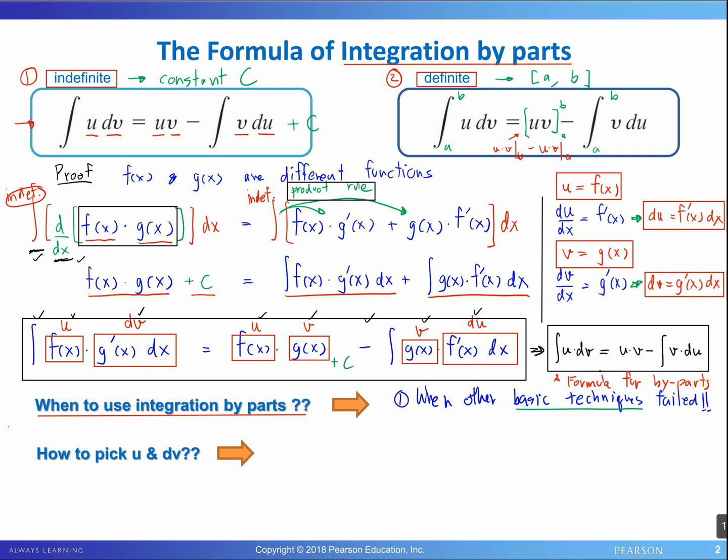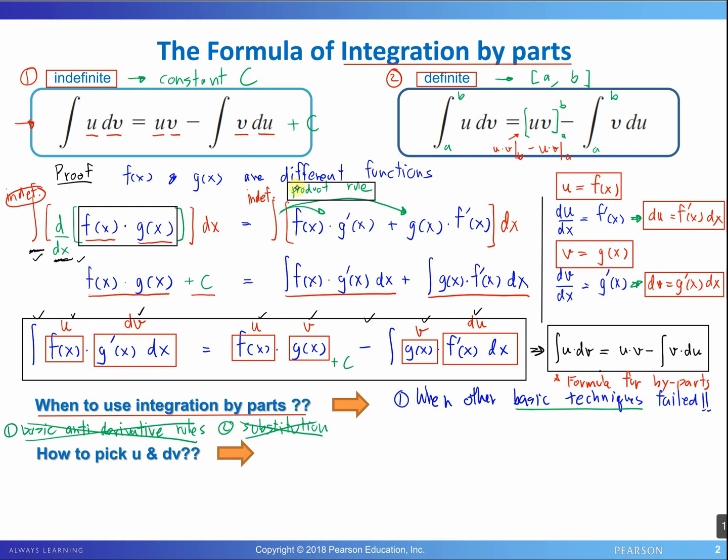Number 1, we are talking about basic anti-derivative rules. Number 2, substitution. So if these two failed, both of them, you may try integration by parts.